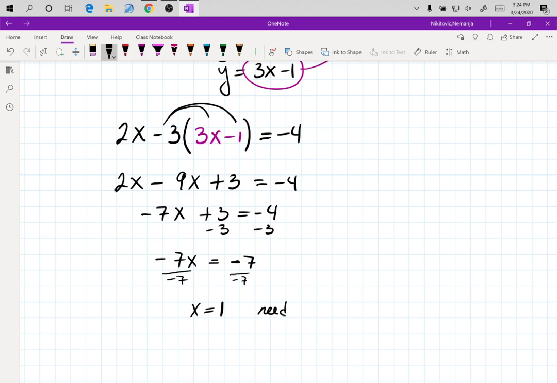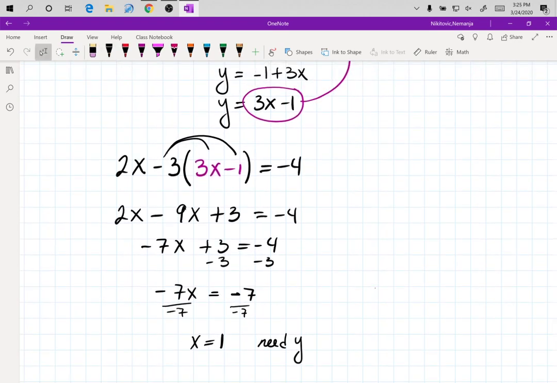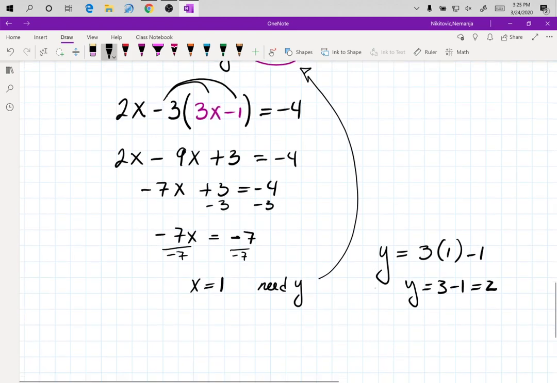Now we need y. Well, luckily, we have equation for y right there. So y is equal to 3 times x, which is 1, minus 1. Y is equal to 3 minus 1 equals to 2. And we have our solution 1, 2.